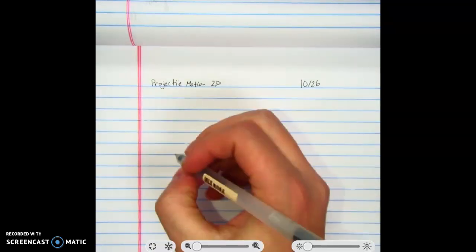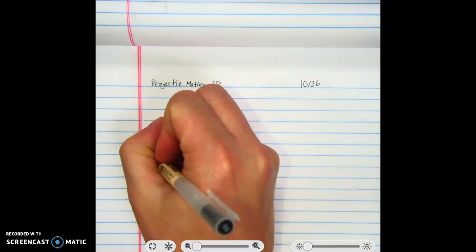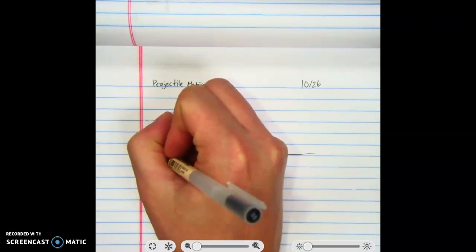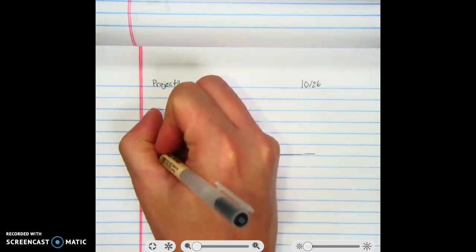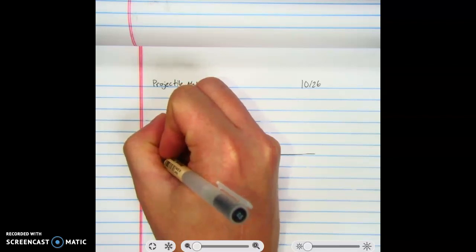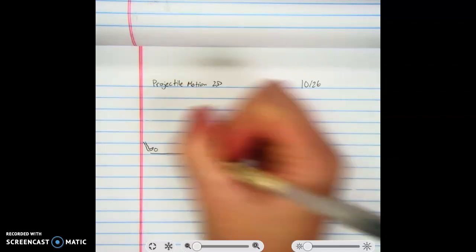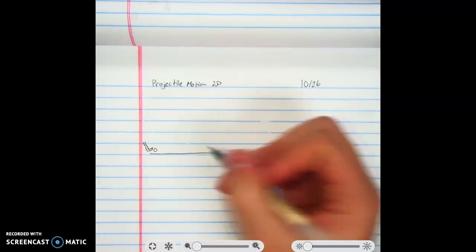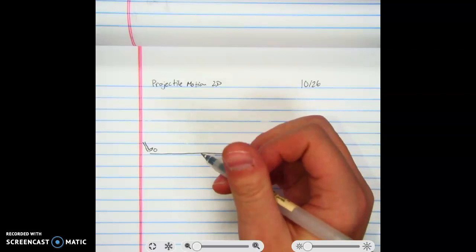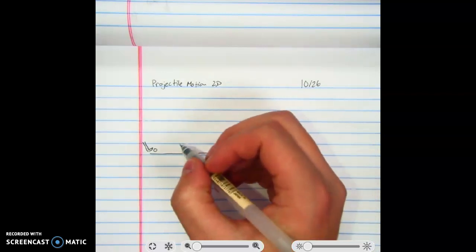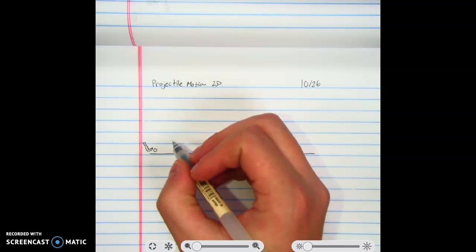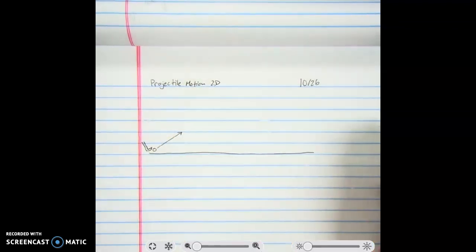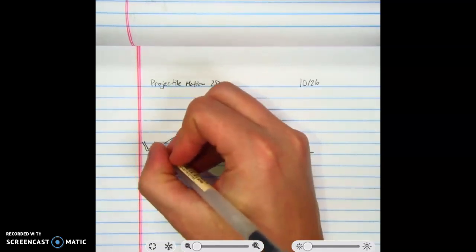So let's say that there is this nice wide open surface and there is a golf ball. That's a club. So the club hits the golf ball, and if you've ever played or watched golf, hopefully you understand that when this ball is hit, it is launched up with some velocity.